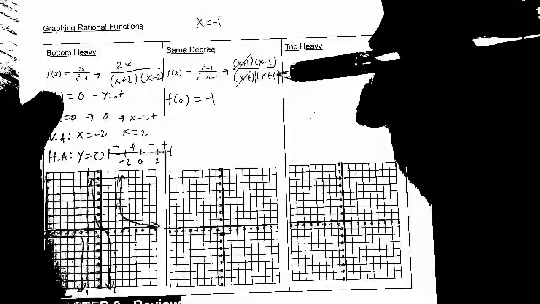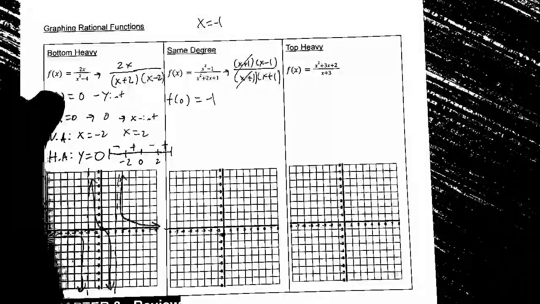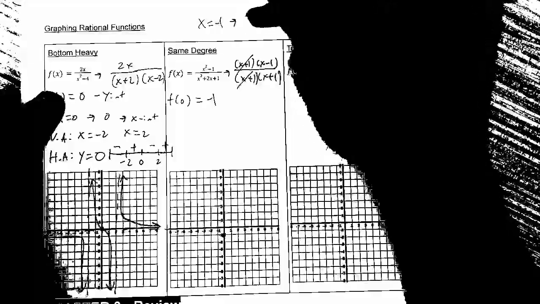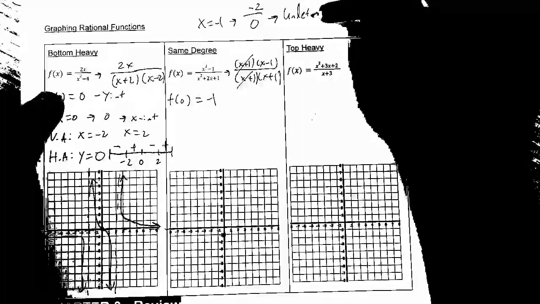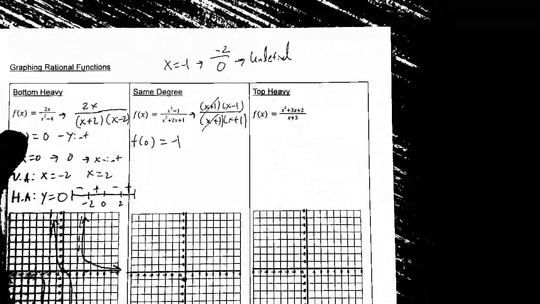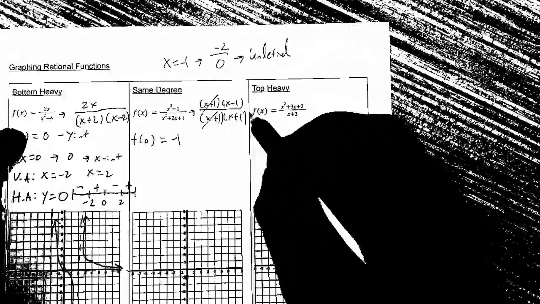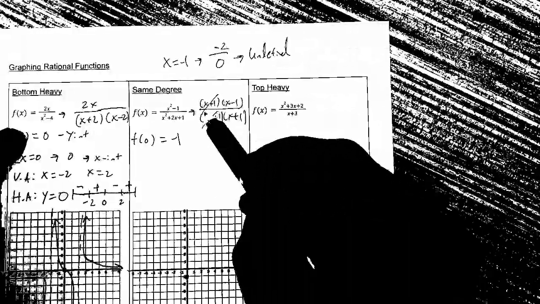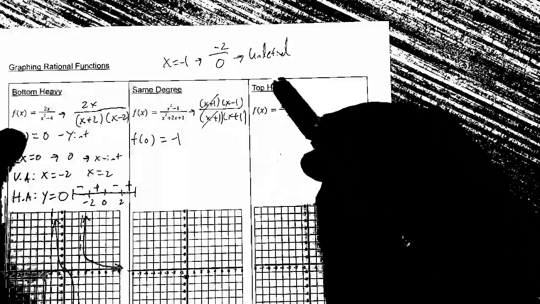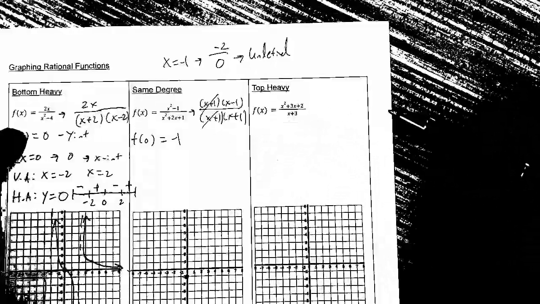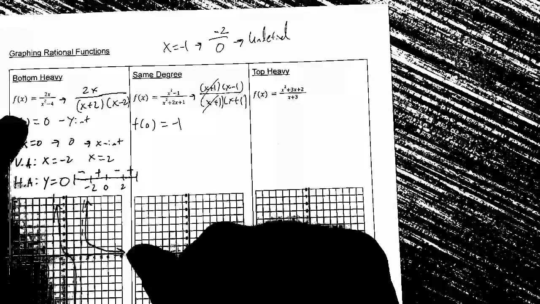But because x plus 1 appears an extra time in the denominator, that kind of beats, quote unquote, the hole. And so really we have a vertical asymptote because you would get negative 2 over 0. So it's undefined, it's not a point, right? The hole is undefined. And that's because really we have a vertical asymptote at that point. So if you get a hole, but you plug in the number and it's still undefined, it's not a hole, it's a vertical asymptote. Does that make sense? So we can draw that.